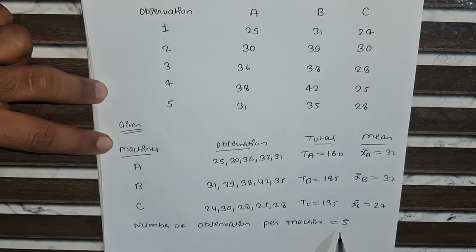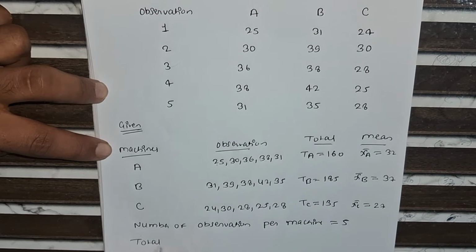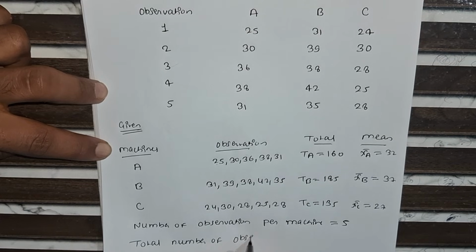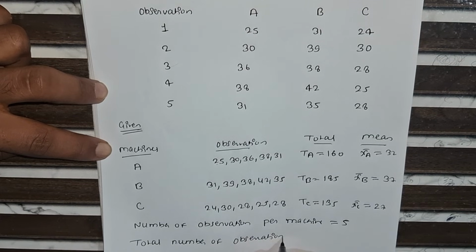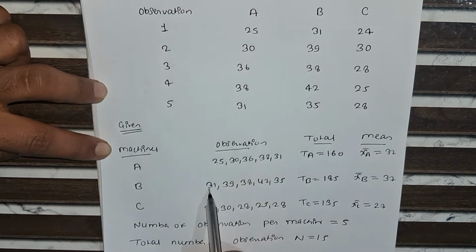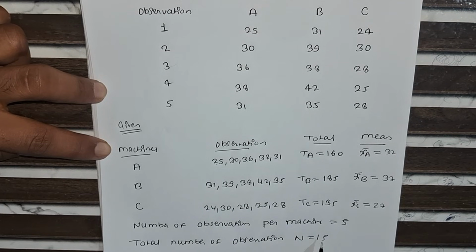And total number of observations can be represented as capital N, which is equals to 15, means 1, 2, 3, up to 15. So total number of observations, capital N, is equals to 15.